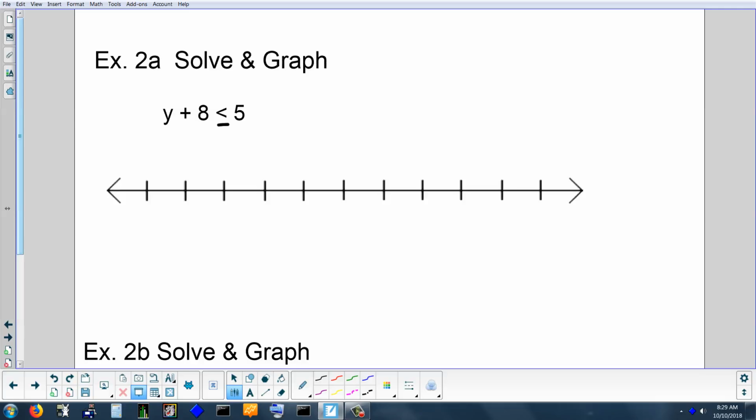Jake, in this inequality, what letter do I want to get by itself? Why? I want to get y by itself, right? So the easy thing about this, I should say, is there's nothing attached to it. It's not 2y, it's not 4y, it's not negative 6y, it's just y with one thing with it, all right?